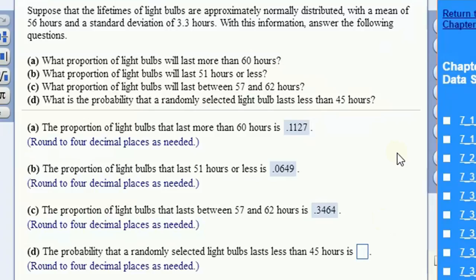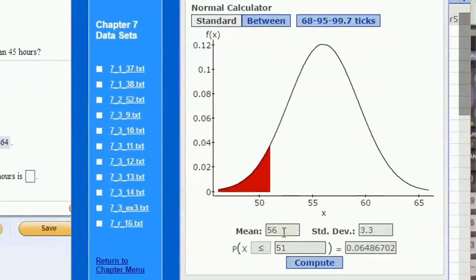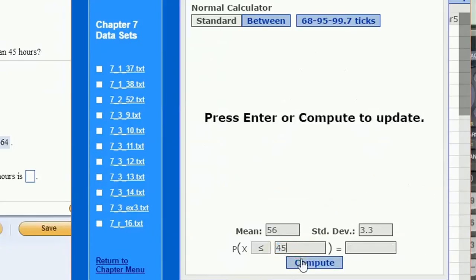And the probability a random light bulb lasts less than 45. So that's back to a standard. The probability that a random light bulb lasts less than 45 is the same as what proportion of light bulbs last less than 45.